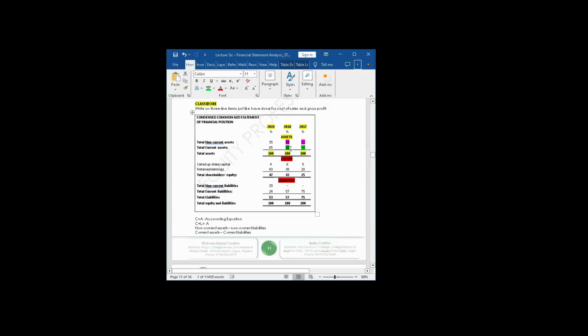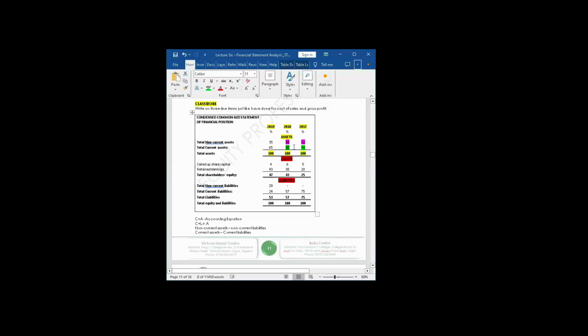Cash, maybe cash, maybe some inventory. So it could be that the company is trying to be more liquid, or is managing its working capital, so that they can have enough cash to settle the non-current liabilities as and when they fall due.